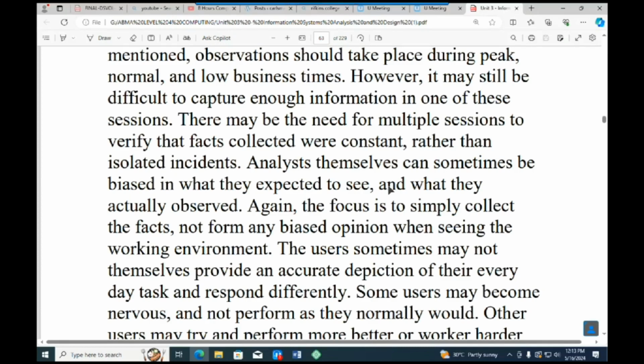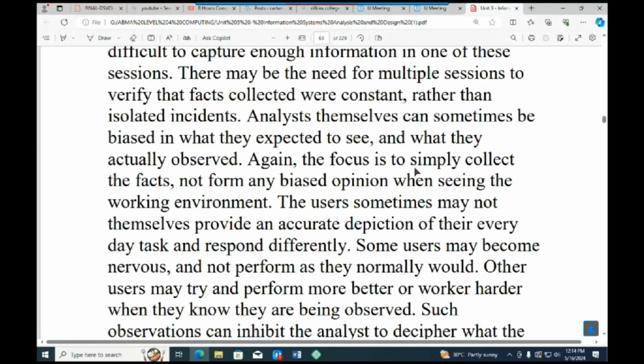I said the first disadvantage is that in some sessions, it might be very difficult to actually collect facts. And the second disadvantage is the biasness of the analyst. Again, put your focus into simply focusing the facts and not to have any biased opinion when you are actually observing the working environment.